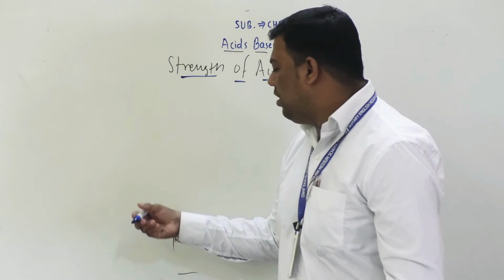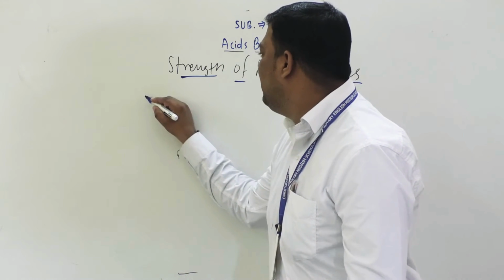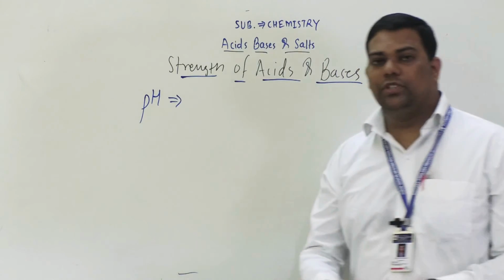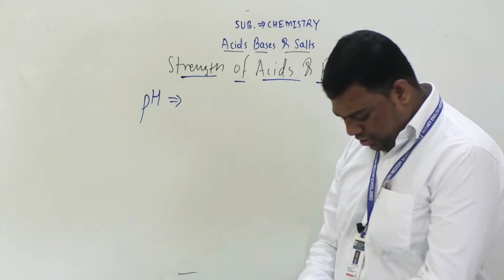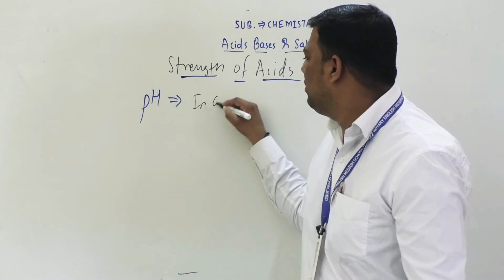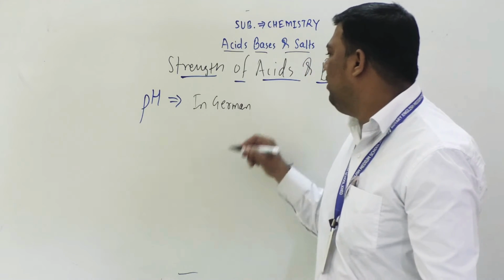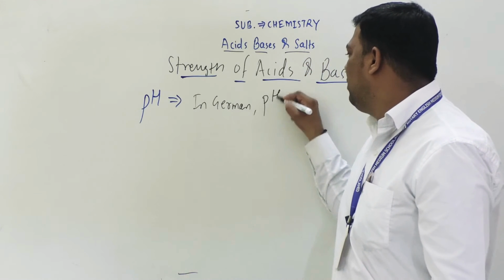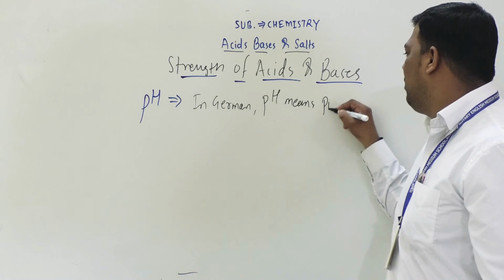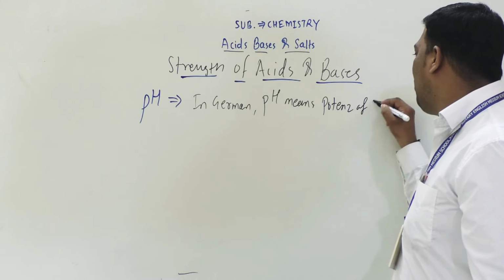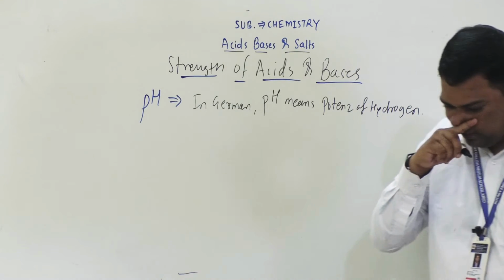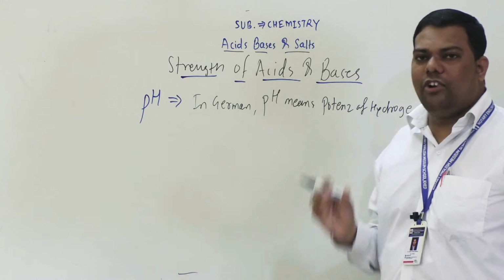So you have to write like this: pH. What does pH mean? pH is potential of hydrogen, meaning power of hydrogen.